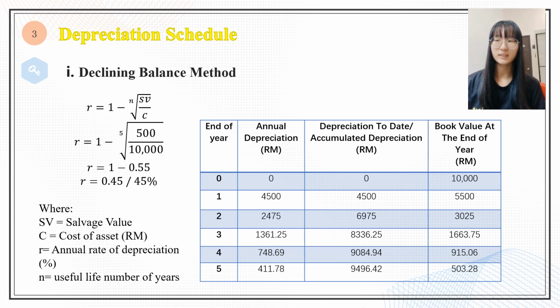So this is the table of declining balance method. The first column is the annual depreciation, and the second column is the accumulated depreciation. Accumulated depreciation is the sum of the annual depreciation and the value at the end of the year.